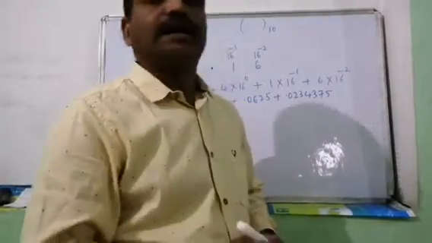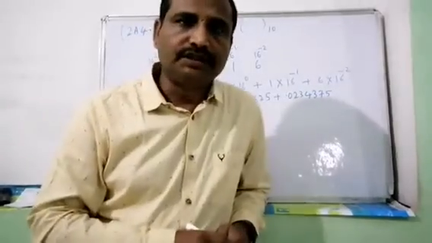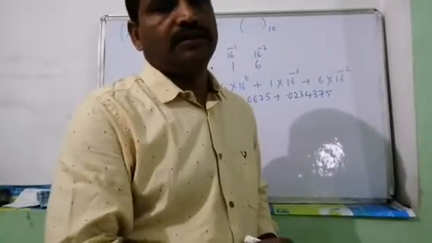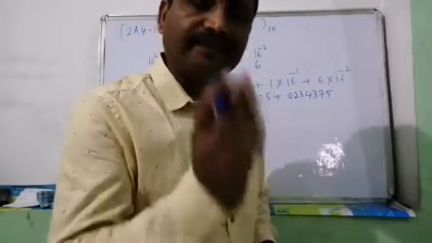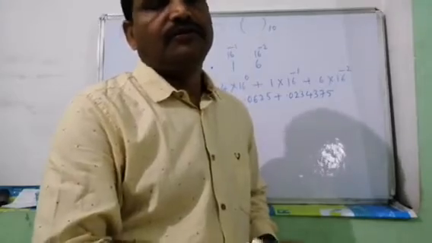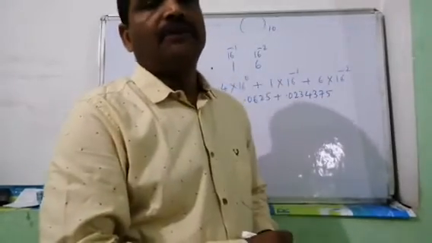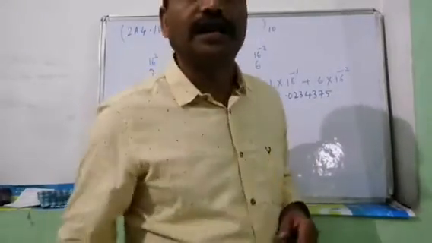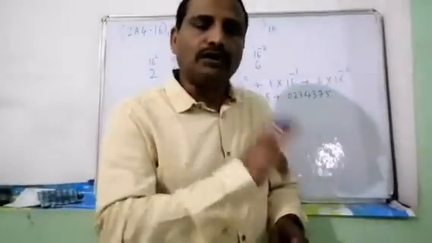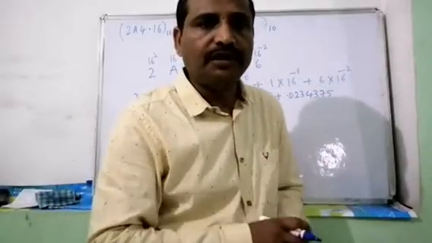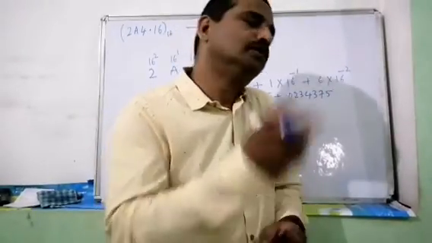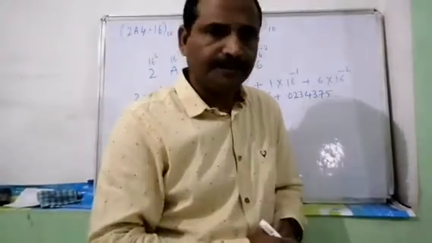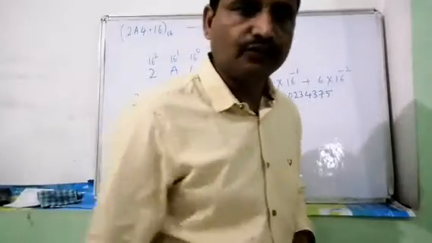Now conversions are left: binary to octal, binary to hexadecimal, octal to binary, and hexadecimal to binary. So this process is also very easy. So let us finish this also.